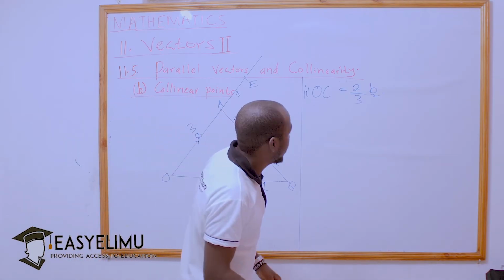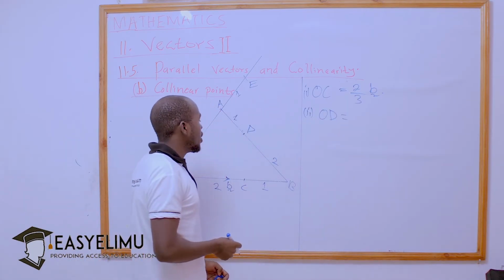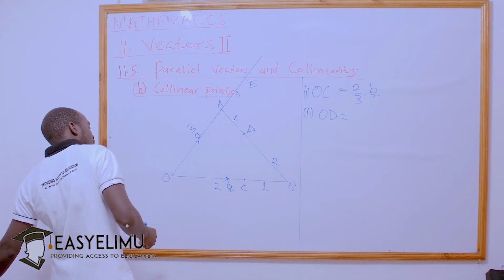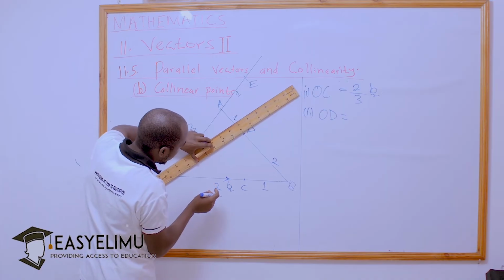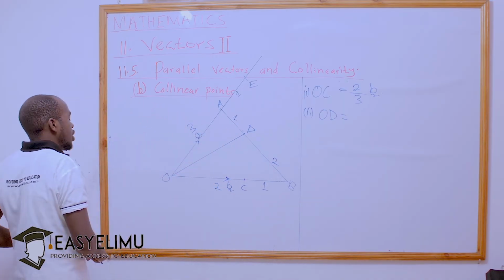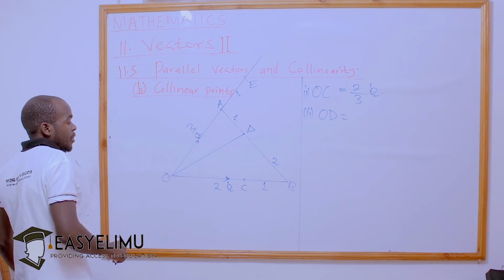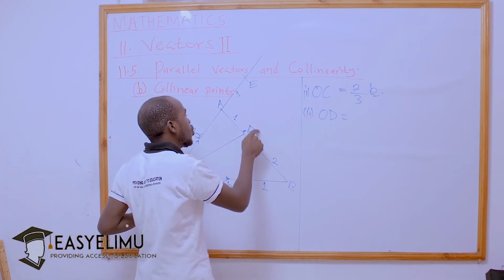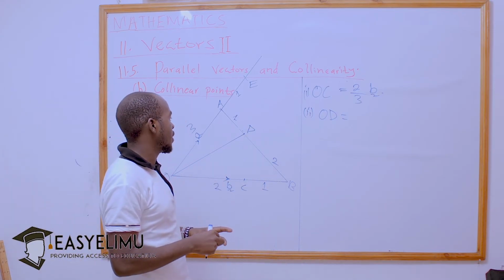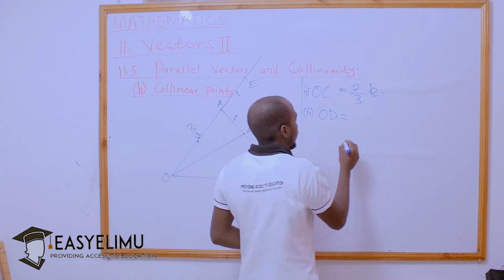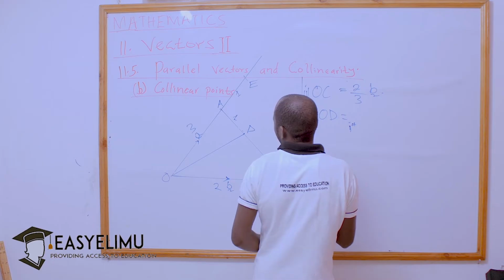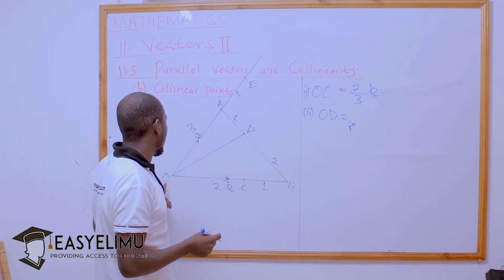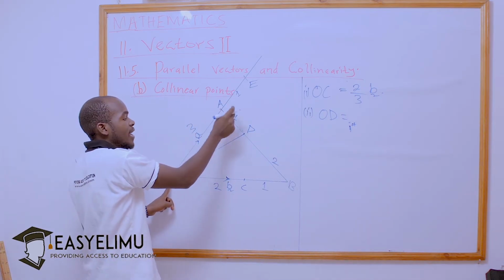Another one is OD. To express OD, we shall join D to O in that way. Then to express OD, you can express it in two ways. First, you can express OD by taking OA plus AD.